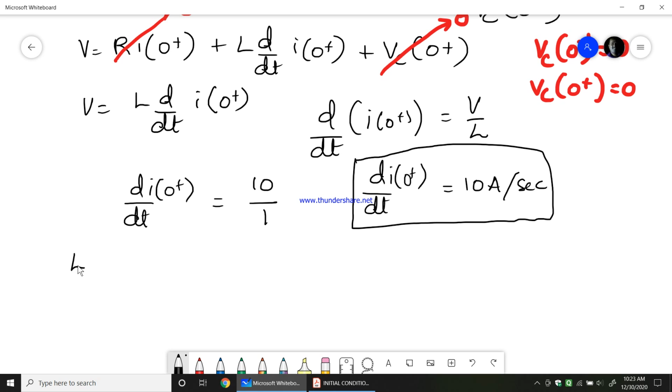Now, take expression 2, which we differentiated already, at time t equals 0 plus. So, what do we get?